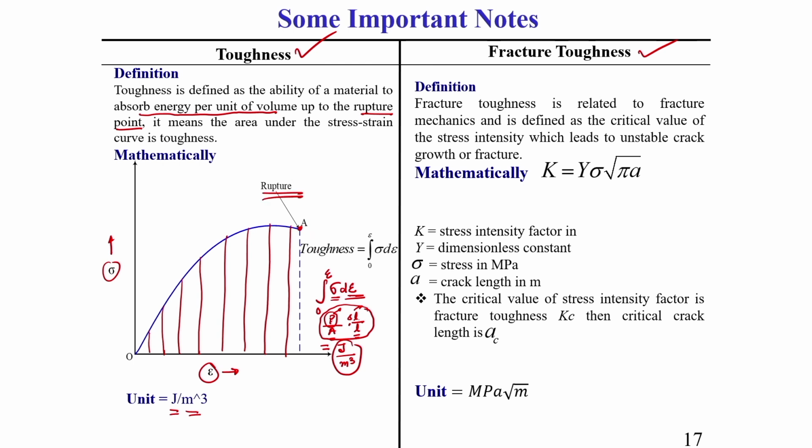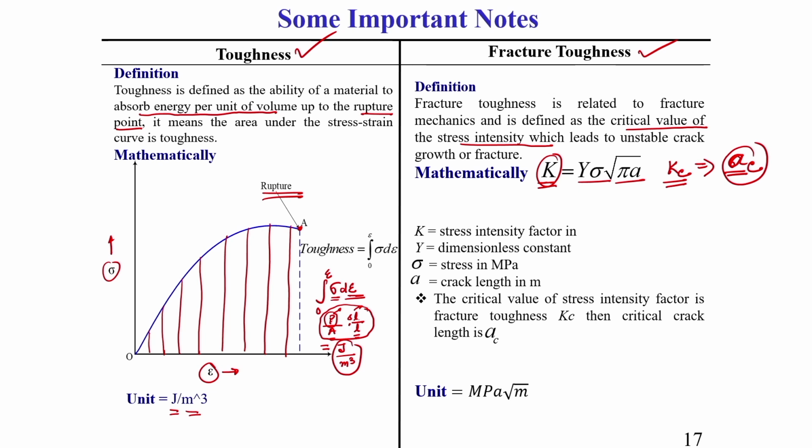Whereas, fracture toughness is defined as the critical value of the stress intensity factor. That means the stress intensity factor K, I have already told you, is Y sigma root pi a. When the stress intensity factor becomes critical, K c, when the crack length reaches the critical crack length a c, whatever stress intensity factor K you get at that time is called the critical stress intensity factor.